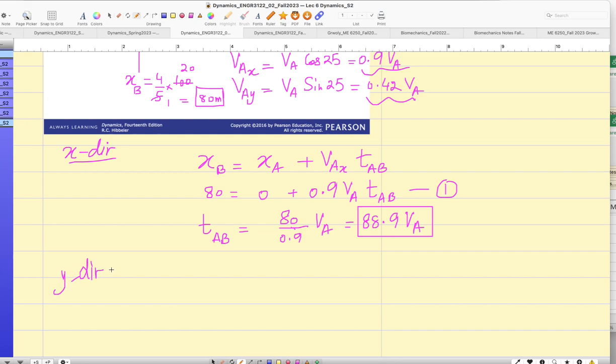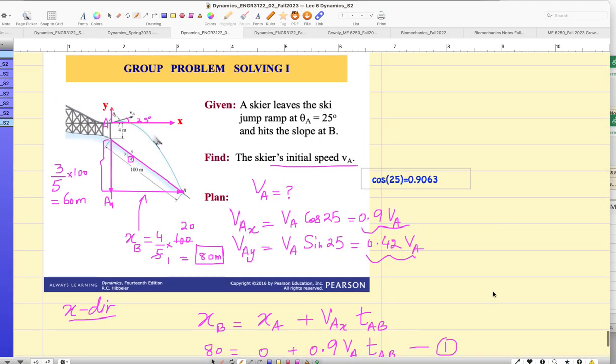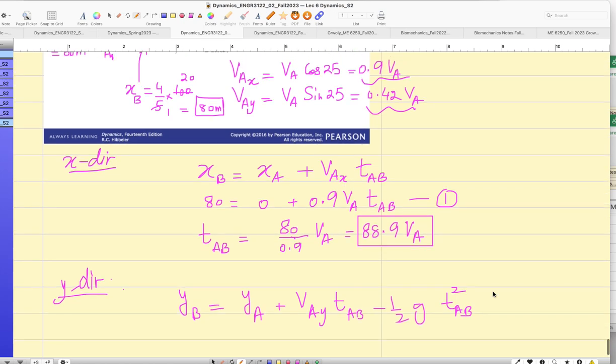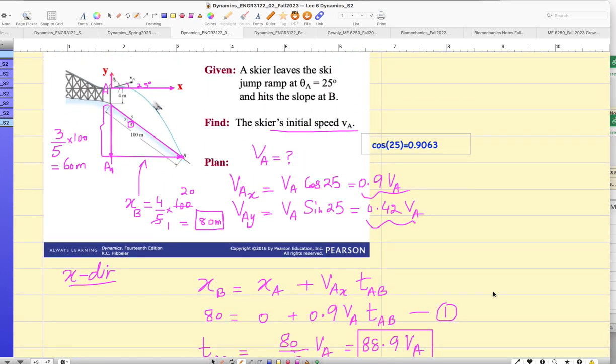The distance formula in the y direction: YB equals YA plus VAY times TAB minus 1/2 g times TAB squared. Now you will help me: what is YB with respect to the datum line? Negative 64.